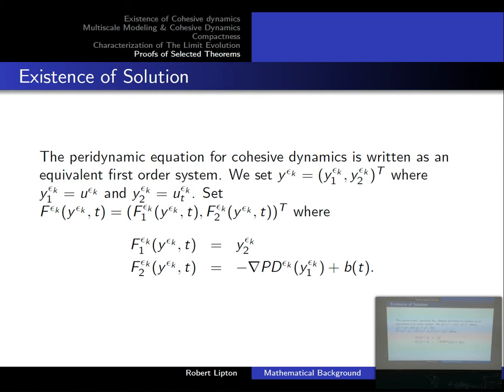So that's a second order evolution, and so we'll turn it into a first order in time evolution. This is a lot like what Rob was referring to yesterday and the day before, turning second order evolutions into first order evolutions. So that's a natural thing to do here. And so we introduce a system involving two vectors: the first vector is the deformation, and the second vector is the velocity.